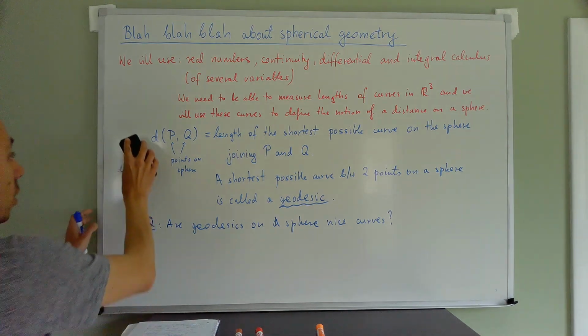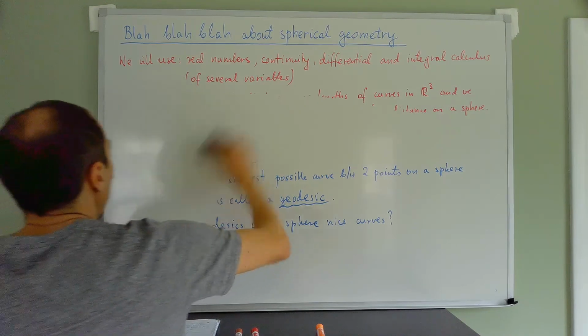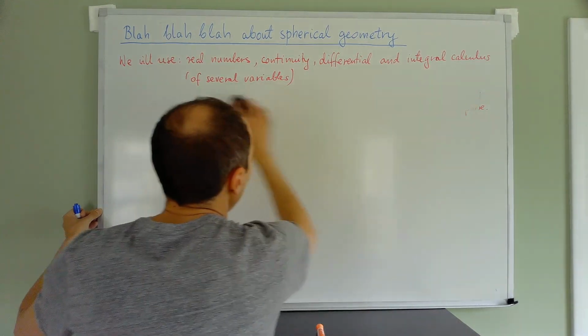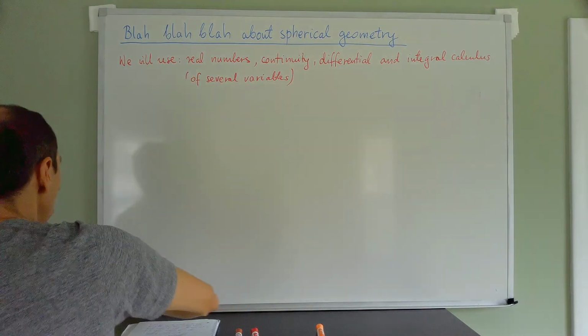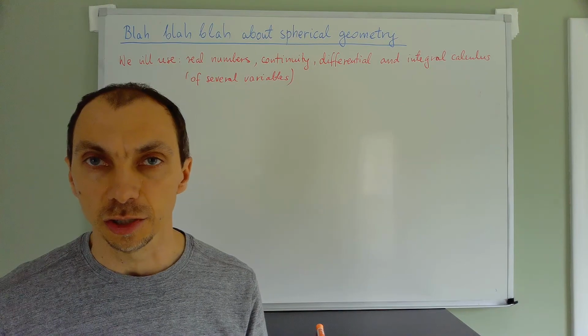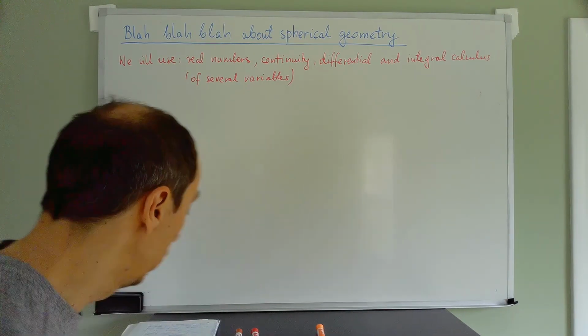So I wanted to finish this introductory talk by telling you exactly which things you will need to know from multivariable calculus to start talking about spherical geometry. And these are the things that I will review in the next lecture. However, I also encourage you to review them by yourselves.